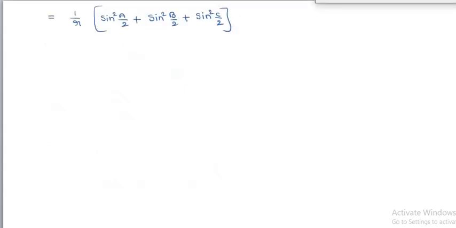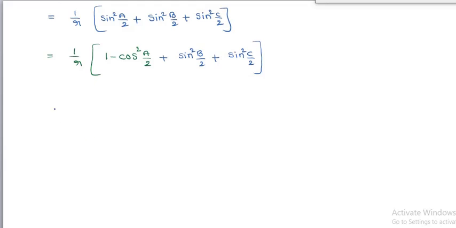Right now, okay, sin square A/2 is written as 1 minus cos square A/2, since sin square A plus cos square A is 1. So sin square A is equal to 1 minus cos square A/2, plus sin square B/2 plus sin square C/2.